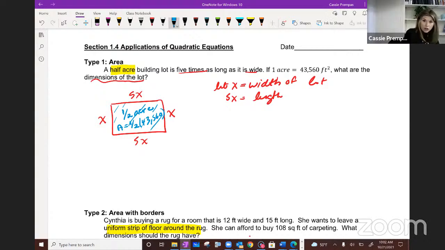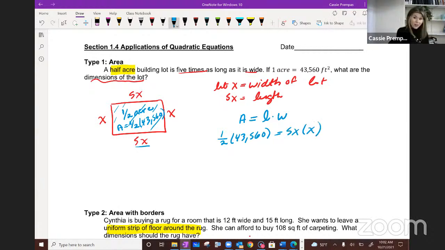Now, remember from geometry that the area of a rectangle is equal to its length times its width. So since this is a half acre, I'm going to take 1/2 of 43,560 and set it equal to the length, which is 5x, multiplied by the width, which is x.